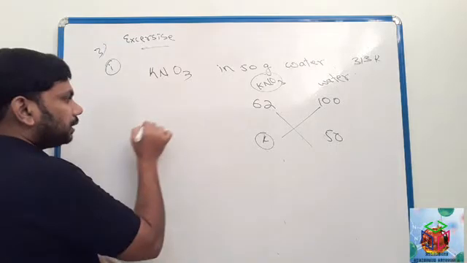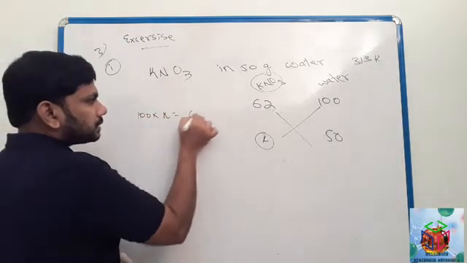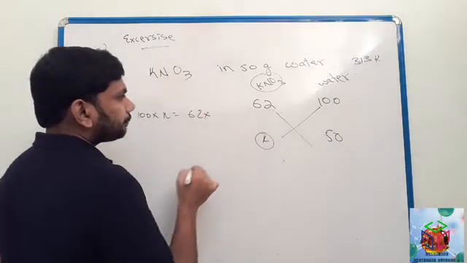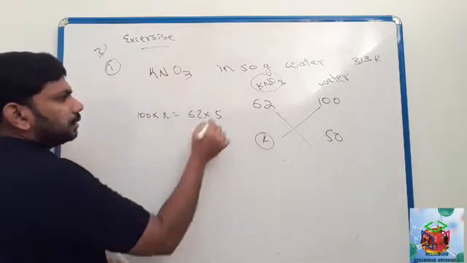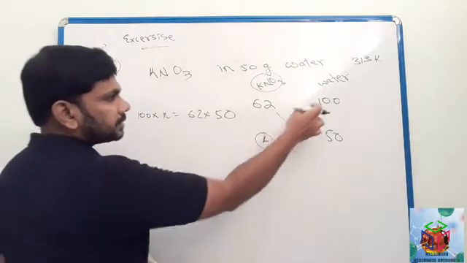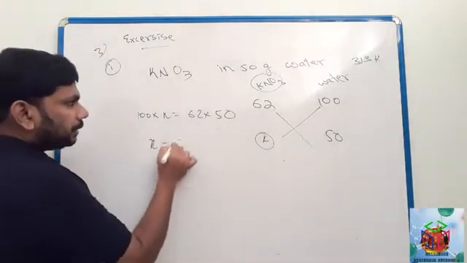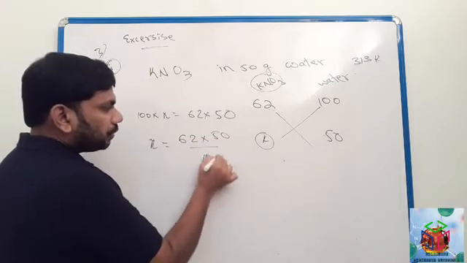Here 100 times x will be 62 times 50. Okay, 100x equal to 62 times 50. So x will be equal to 62 times 50 divided by 100.